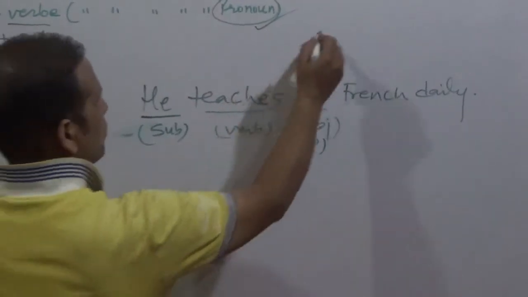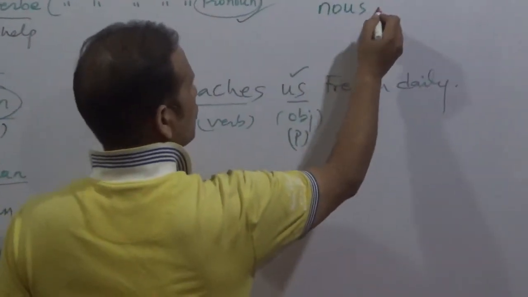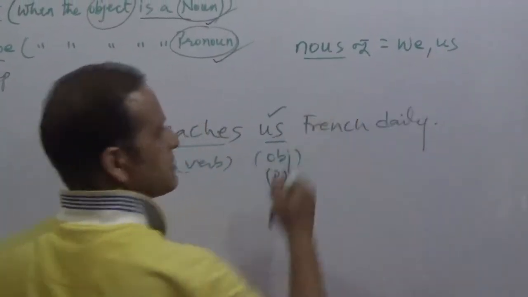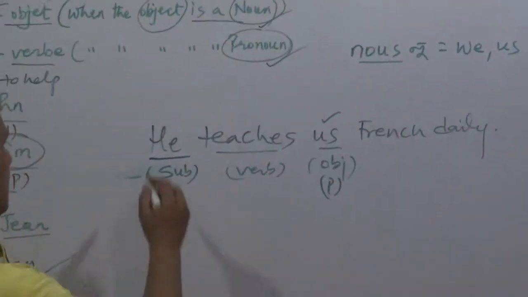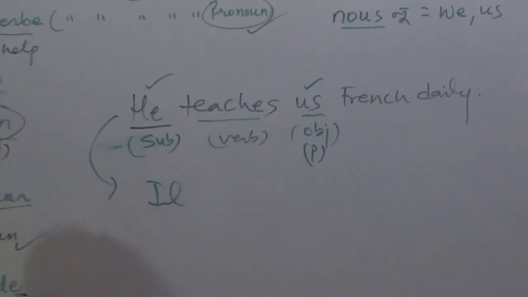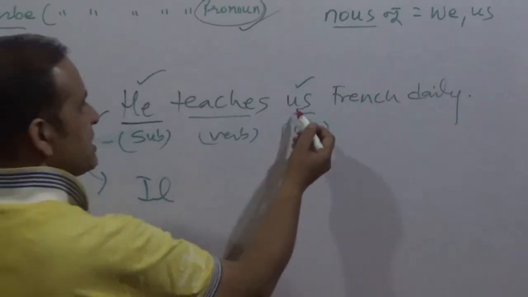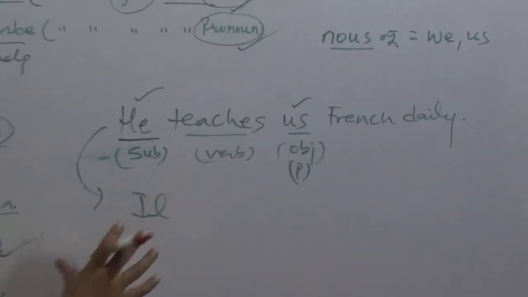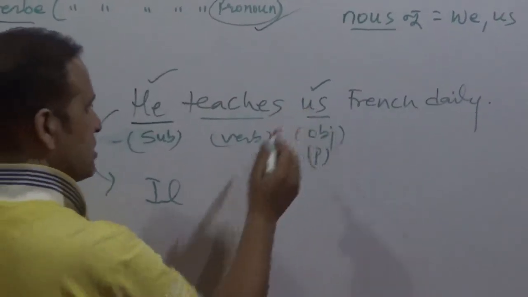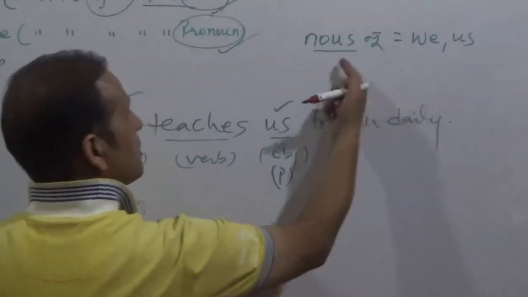So, nous means we, and nous also stands for us. So, what is he? Il. Because the object is a pronoun, we will follow the Hindi pattern. That means subject, then object. For us, we will write nous.